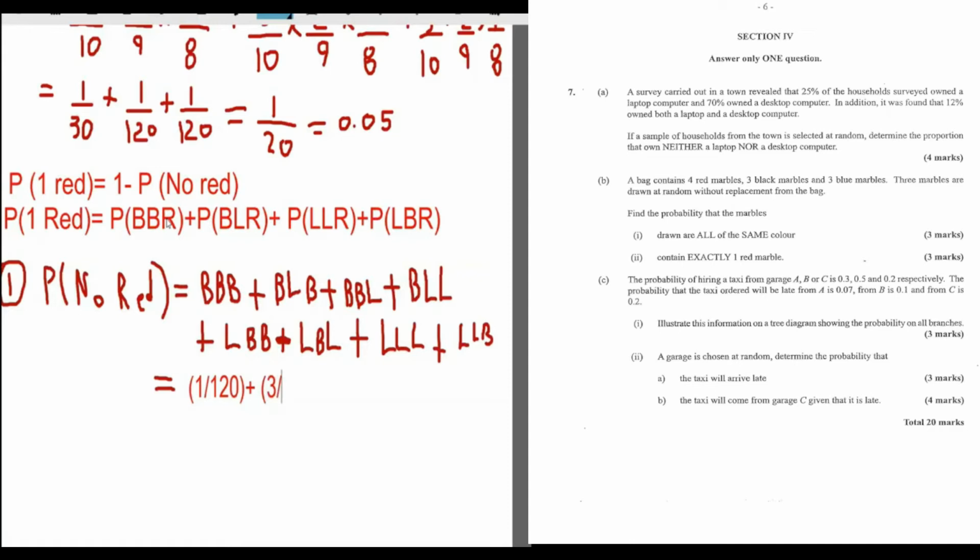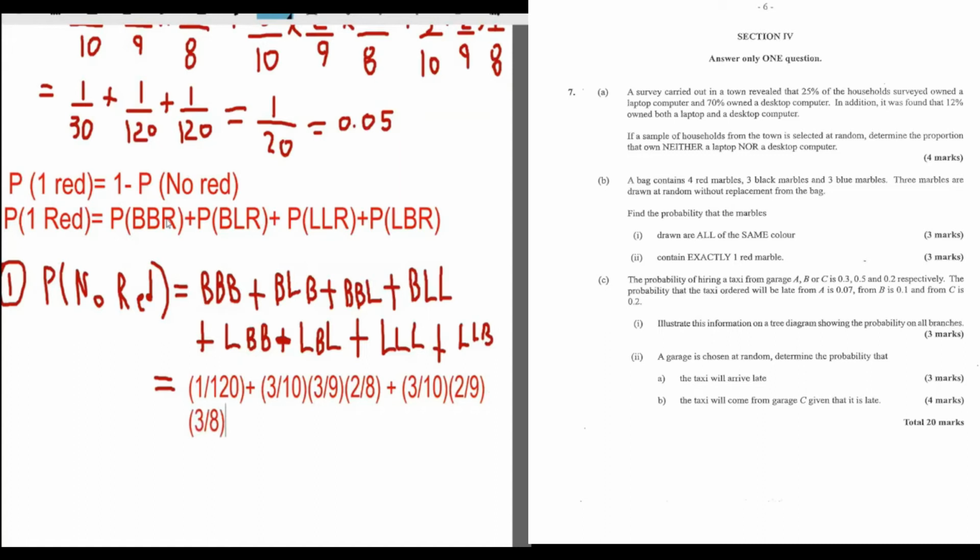So it's 3 over 10, times drawing your blue, 3 over 9, times drawing your next black, we took out one black already, so 2 over 8. Plus drawing black, then black, then blue, which is 3 over 10, 2 over 9, then your blue is 3 over 8.